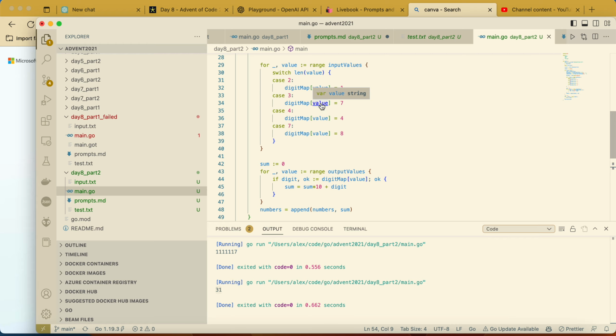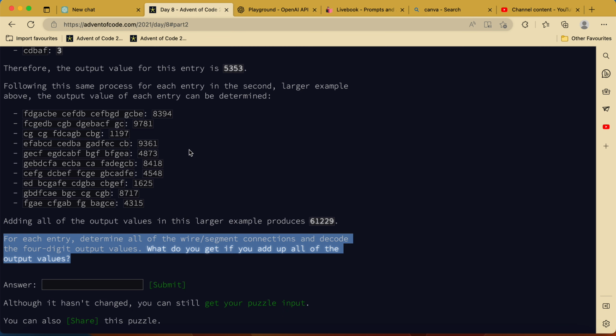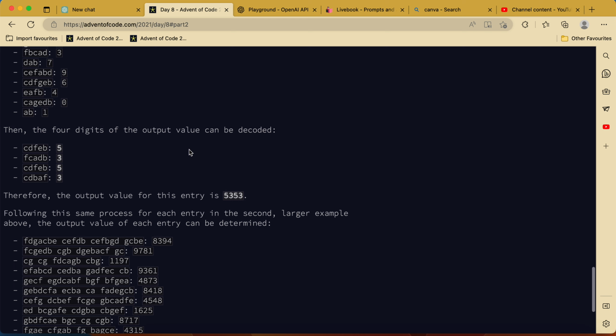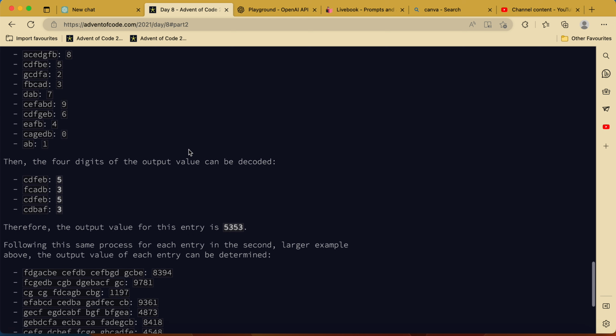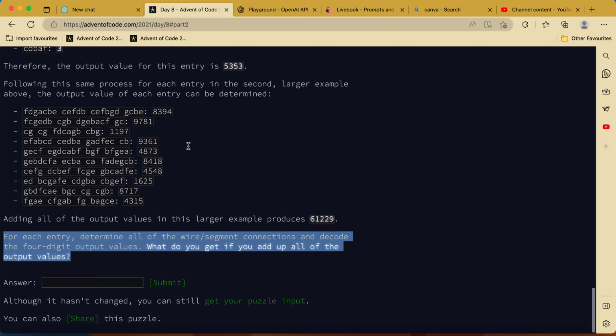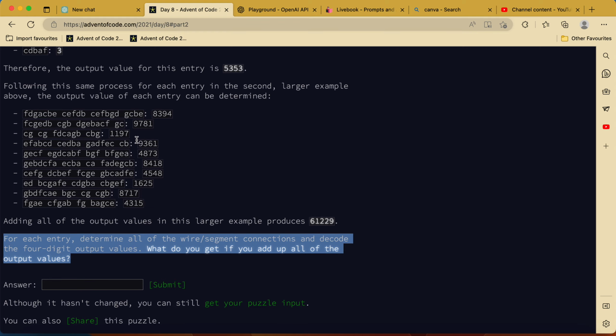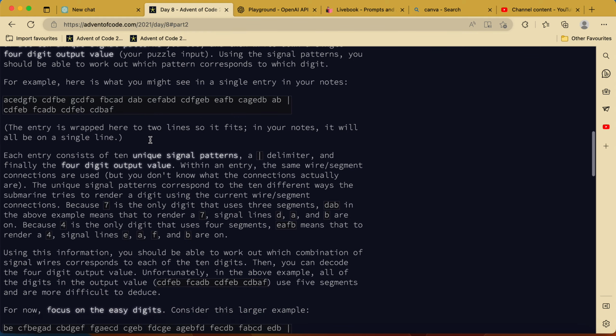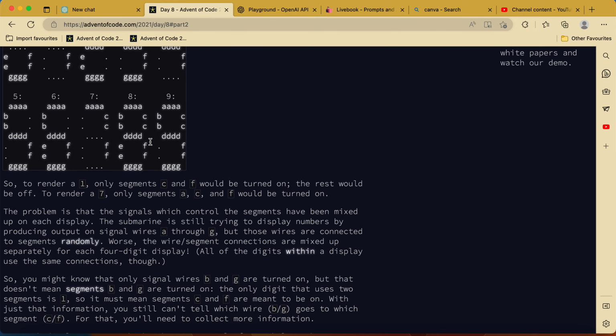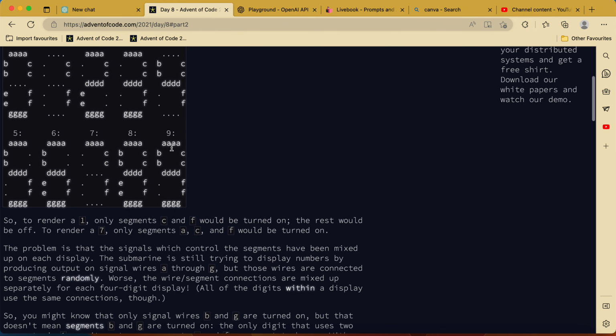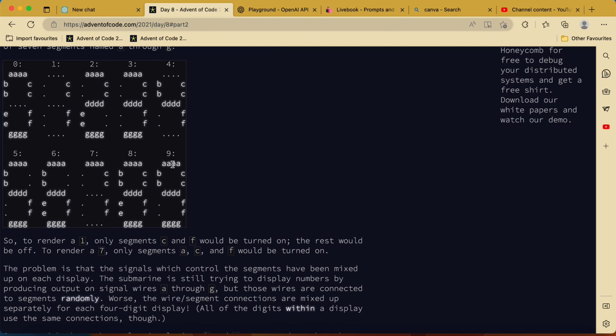we're not getting our handling of the ones that have length 6, that are 0, 9, 6.